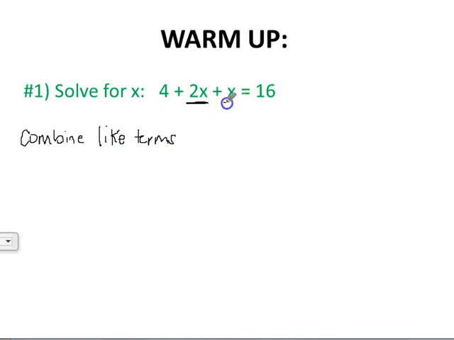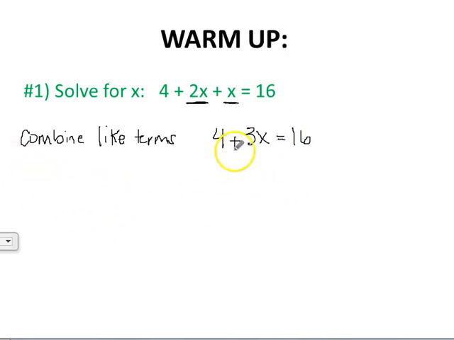We've got a 2x and a 1x. So let's combine those like terms. And when we do that, we have 3x. We still have this 4 out, our constant that is part of the problem. So we just add our 2x's plus 1x to get 3x's and set that equal to 16.